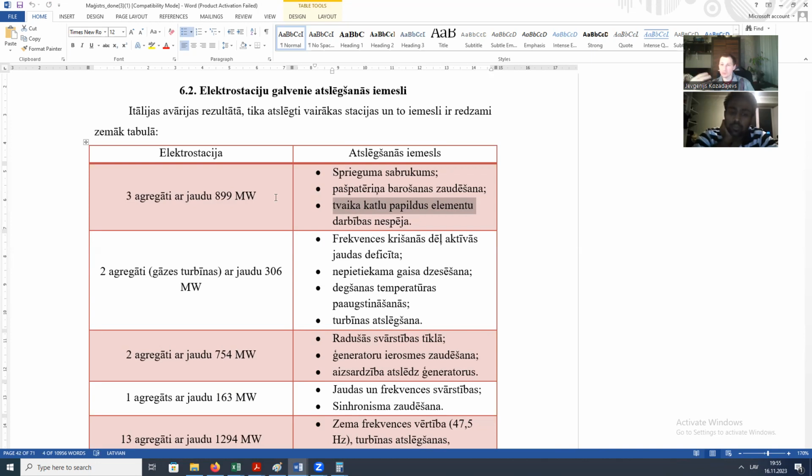How does it work? What does frequency show? You know our voltage is a sinusoidal voltage. We have 50 sinusoids in 1 second. What does it mean if we are talking about power? It means that we have 50 power impulses per second.